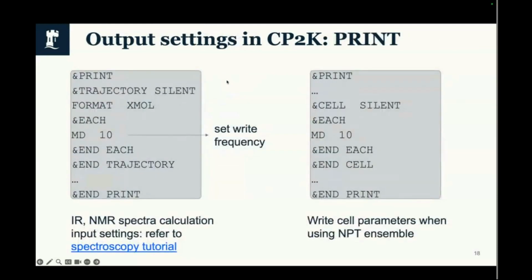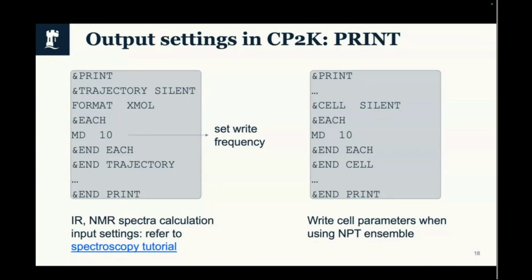So to control the print frequency, because if you set a time step like 0.5 femtoseconds and you print every step, the change will be very small. So normally you would set, say, 10: write a trajectory, write an image every 10 steps.